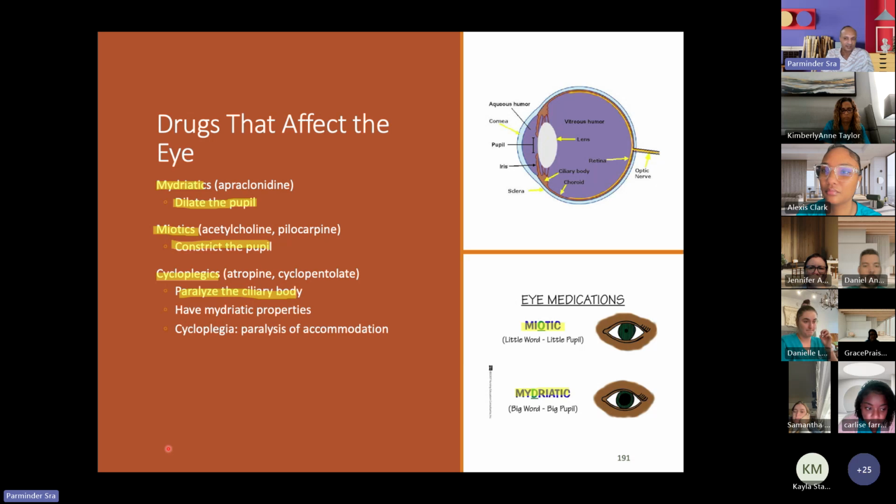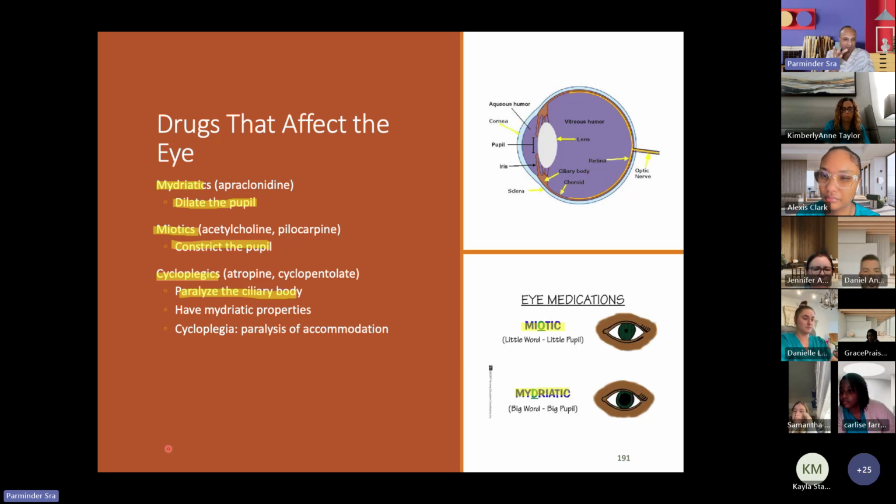All right. And cycloplegics are used to temporarily paralyze the ciliary body. For example, if somebody has a foreign object in the eye and they need to remove it, they need to temporarily paralyze it so that it doesn't cause more trauma to the eye. These drugs are used for that. But mydriatics and miotics are the ones that either dilate or constrict the pupil.